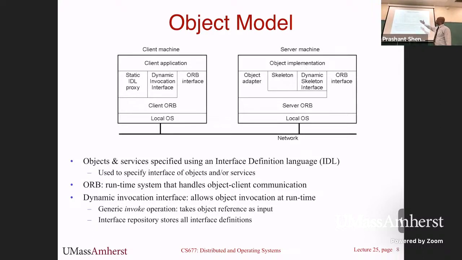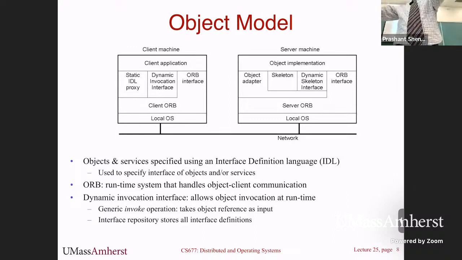There are some other features of Corba that I also wanted to mention. So this is the object model in Corba, and as you can see, this looks pretty much like any other RMI RPC system. The ORB is acting like a stub. You essentially have an interface definition language that you use to define your methods. Then you have an IDL compiler. You compile it and it's going to generate the stub for your code.